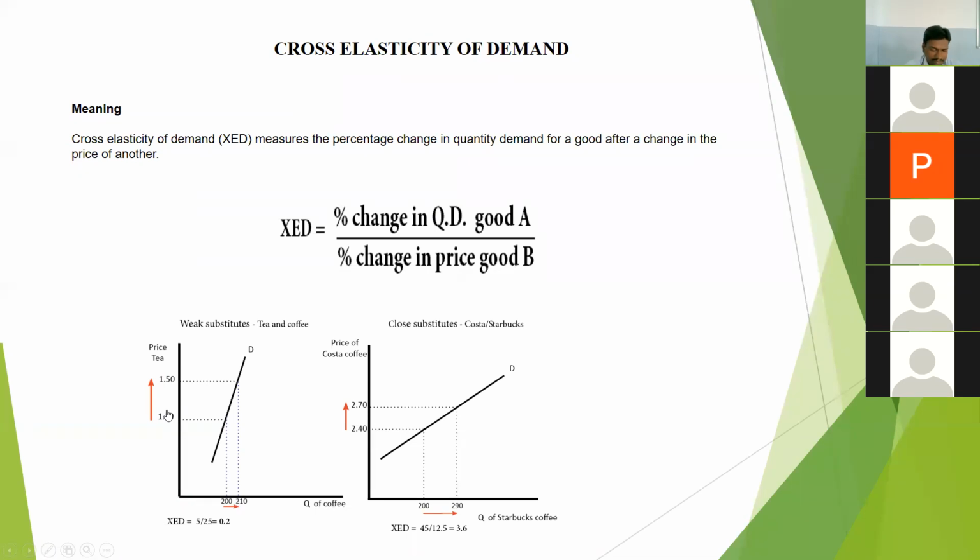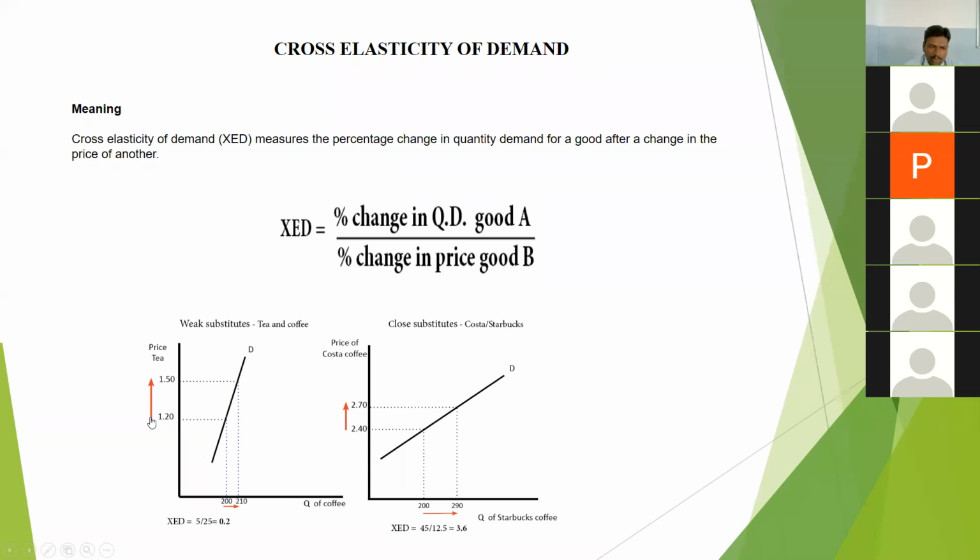Anyone can calculate and tell me? 25%. Very good. So what is the change in the quantity demanded of coffee? 200 to 210. It is 5%. Yes, sir, 5%.